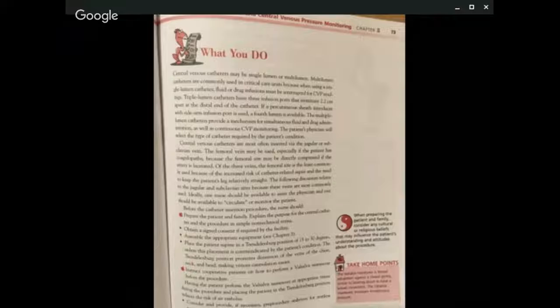The following discussion relates to the jugular and subclavian sites because these veins are most commonly used. One nurse should be available to assist the physician, and another person should be available to circulate or monitor the patient.